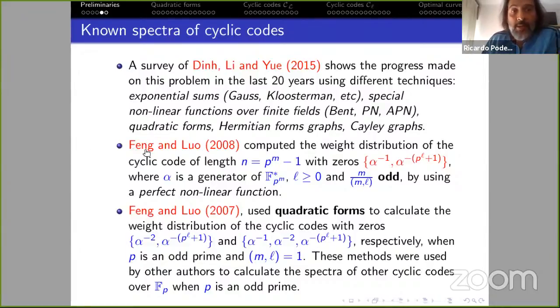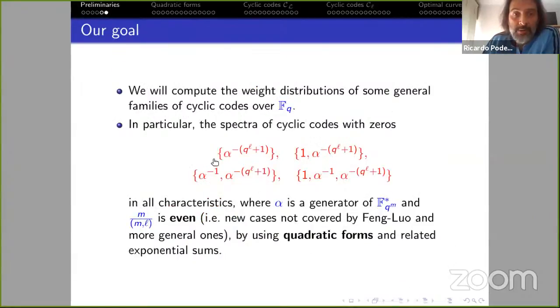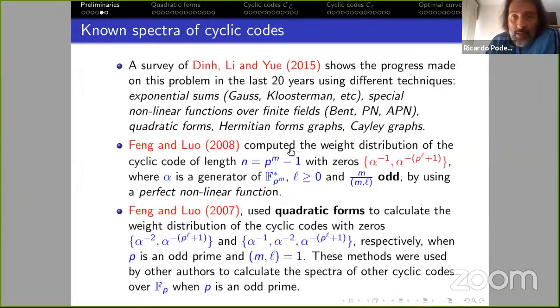In two works, Feng and Luo computed the weight distribution of some cyclic codes of length n associated with this set of zeros, and with this set of zeros. In the first work, m is the degree of the extension, they consider this number to be odd, and they use perfect nonlinear functions.